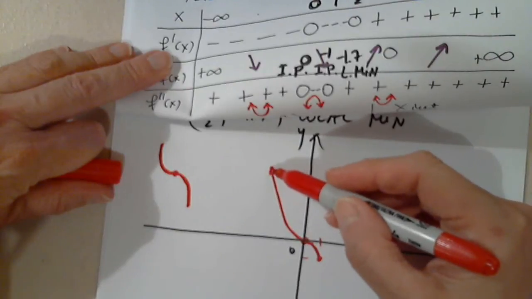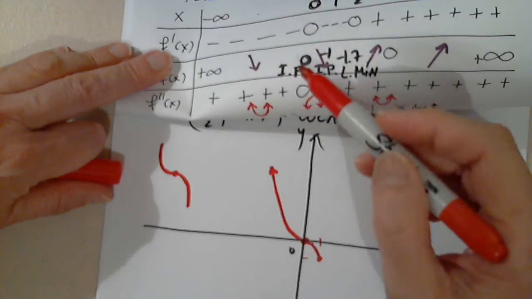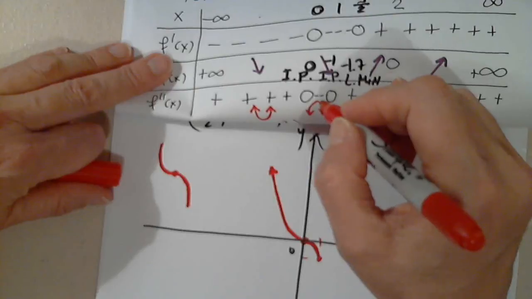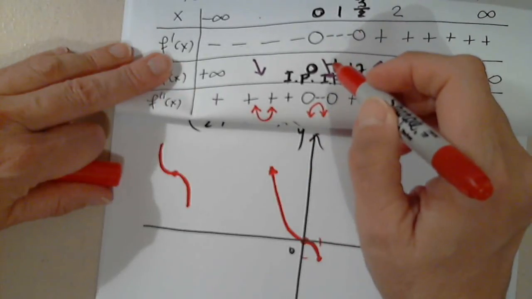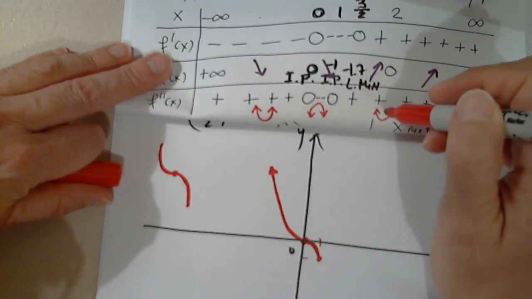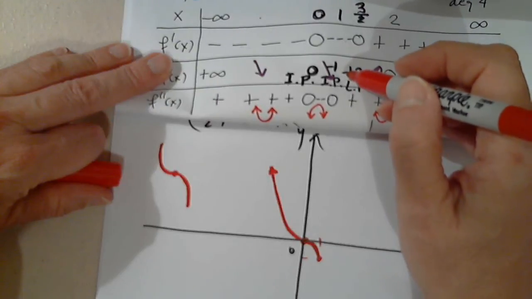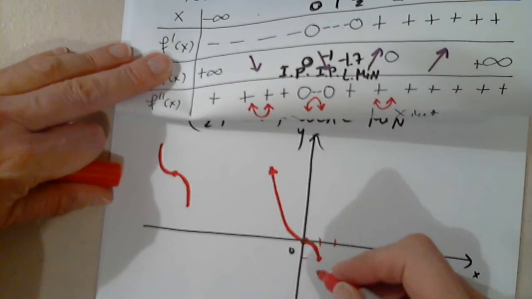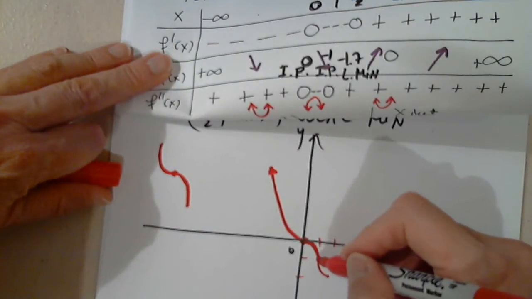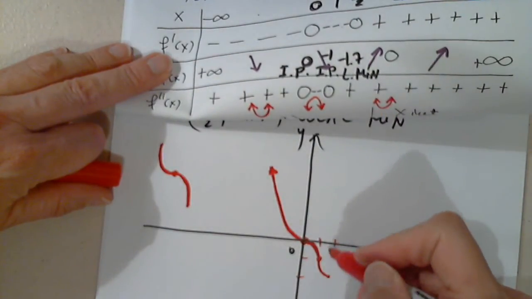So here is opening upward, and at this point, the inflection 0, 0, it changes concavity. All of a sudden it opens downward until 1, -1. At that point, again, it changes concavity. It opens upward, and it continues to decrease to 3/2, -1.7.